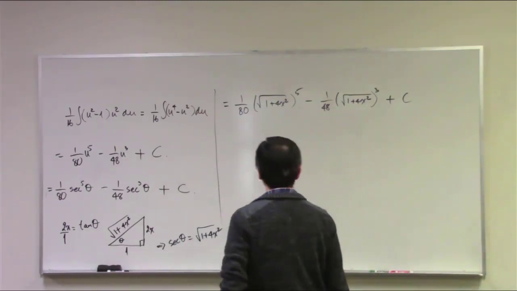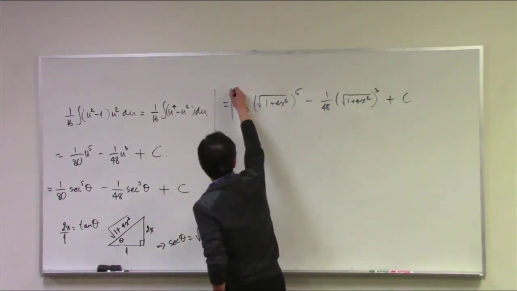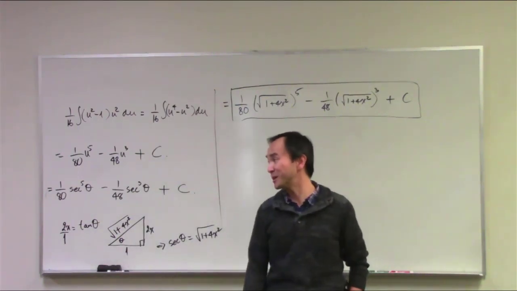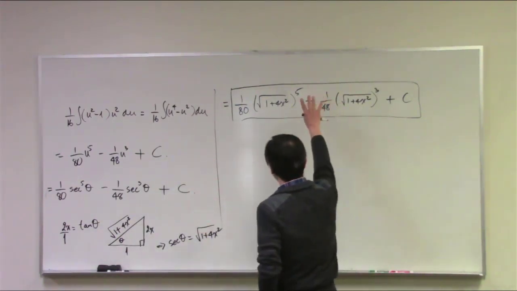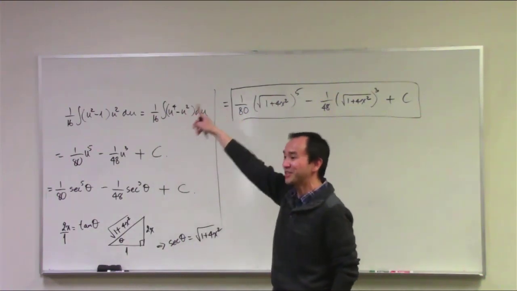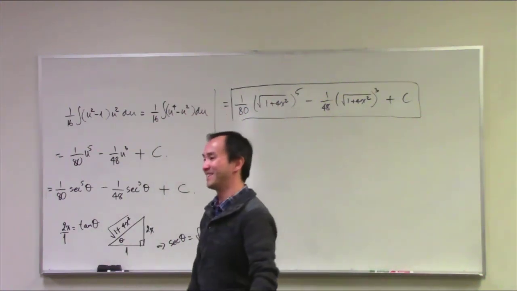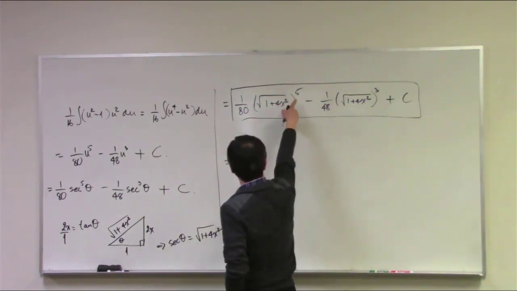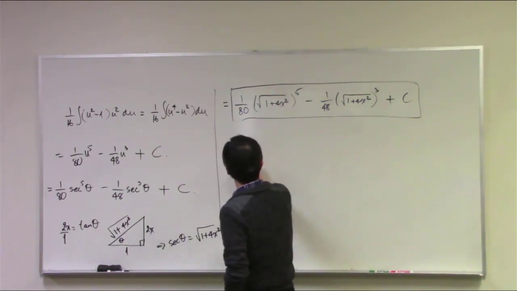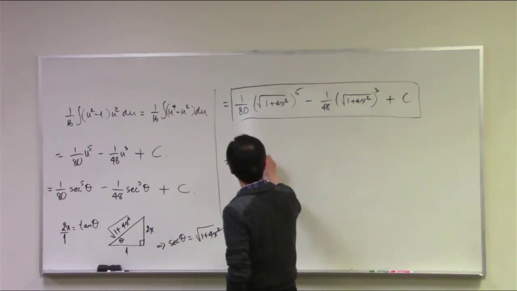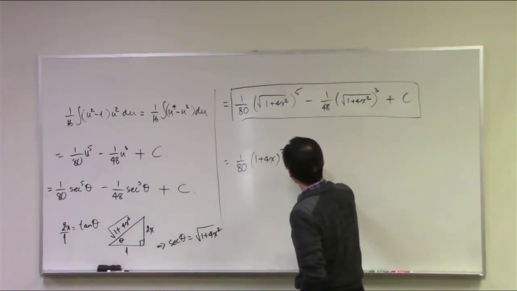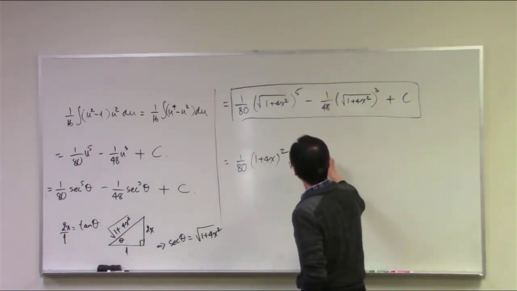So technically, at this point, we're done with our integral. But be aware that sometimes you are asked to simplify your final expression a little bit, right? If the instruction says do not simplify your answer, then you can stop right there, just fine. If you're asked to simplify it a little bit, then the fifth power here is making the coefficient 1 over 80. We have 1 plus 4x squared, and then multiply with the square root of 1 plus 4x squared.